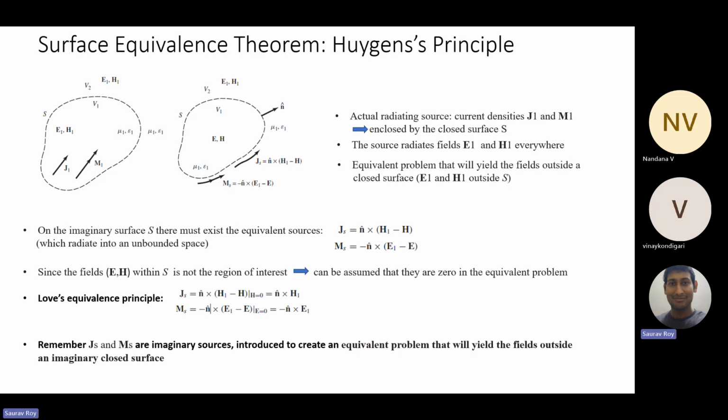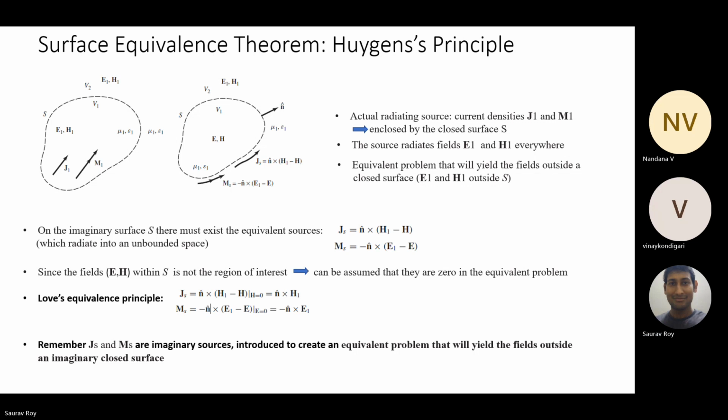I hope you remember the dot product and cross product. If you take the cross product of two vectors, you get the component perpendicular to the vector n. The perpendicular component of n is the tangential component, that is, on the surface.